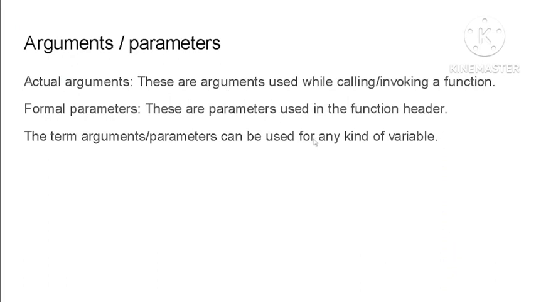Okay, fine. These are arguments used while calling or invoking a function. Formal parameters are parameters used in the function header. So you can use the term arguments or parameters for any kind of variable. You can either say actual arguments or you can say actual parameters. Both mean the same. But actual and formal are different.